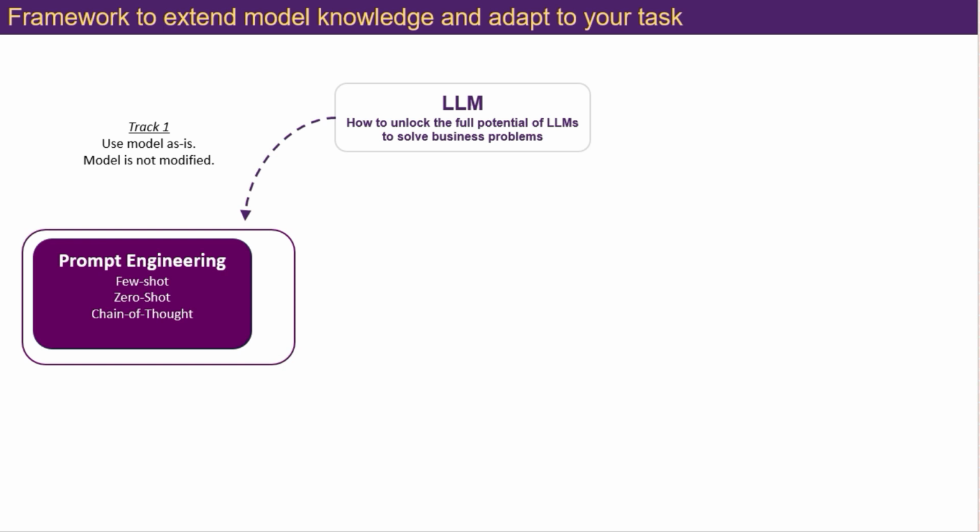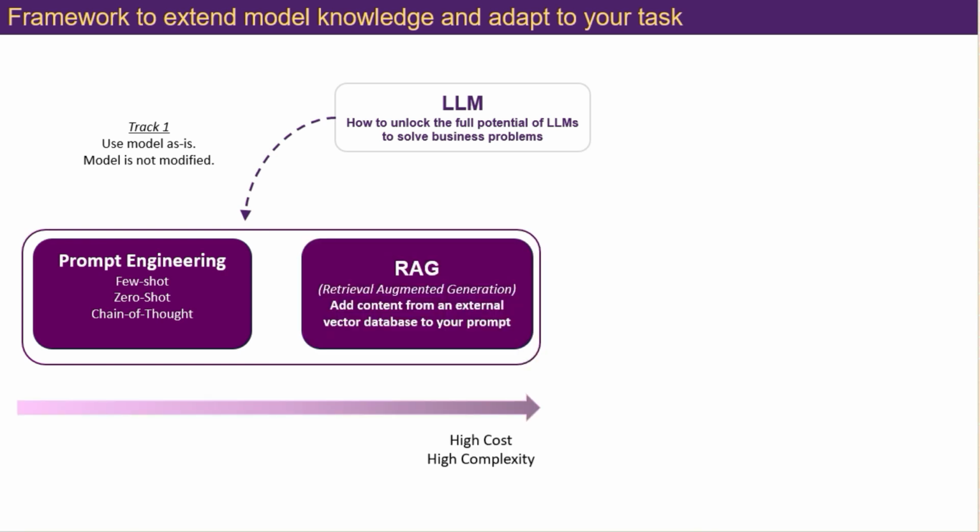Now within track 1, if this doesn't work, there is a technique called RAG, Retrieval-Augmented Generation. Again, the model is not modified, and essentially what you're doing is, in addition to the prompt, you are supplying it content or context. So you combine the prompt and the context, and this context is retrieved from your external systems.